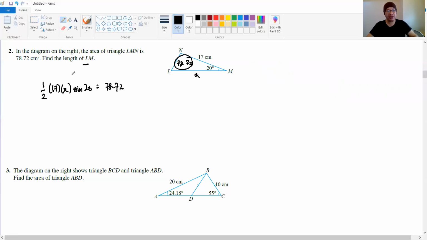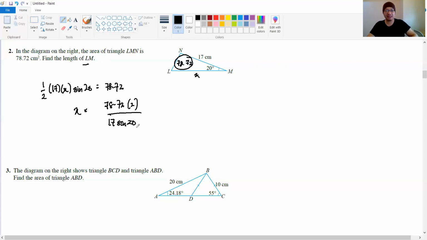So you need to simplify this whole thing, so that x becomes the subject. It will become 78.72 times 2 divided by 17 sine 20. This is how we simplify. Hopefully you guys don't have a problem solving the algebra, this linear equation. It is very easy to simplify.